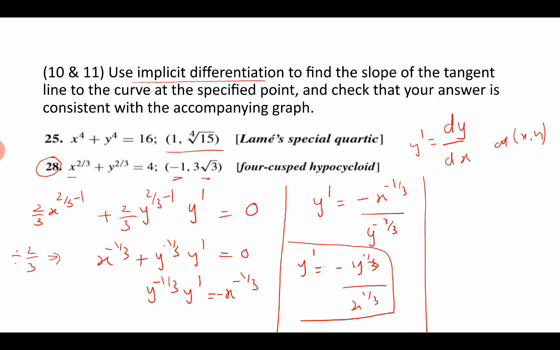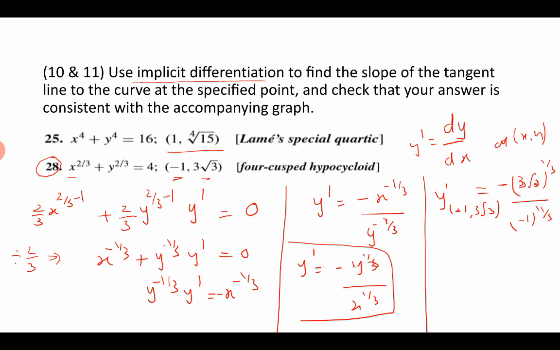So you will substitute the values: y prime at negative 1 comma 3 root 3 is equal to, there is a negative outside, y is 3 root 3 to the power 1 by 3 divided by x is negative 1 to the power 1 by 3.